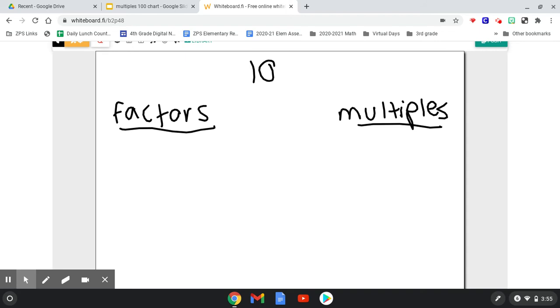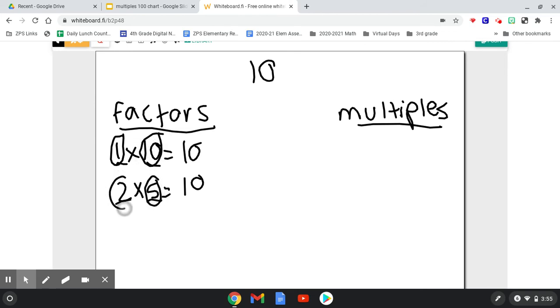So factors are 2 numbers we multiply that are going to equal 10. The correct answers are 1 and 10, and 2 and 5. There's no other numbers that I can multiply together to get to 10. So this number 10 has 4 factors.